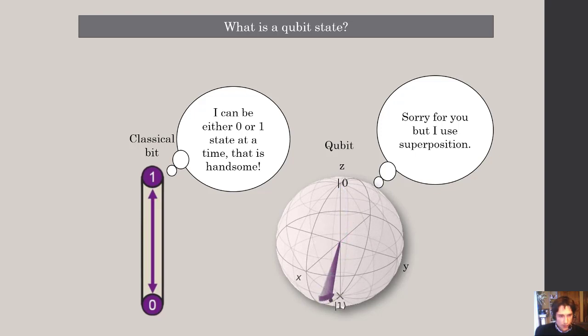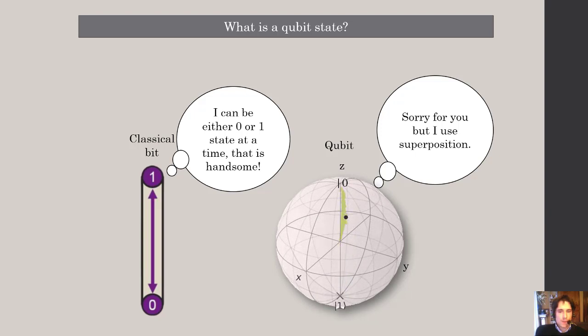It's called a superposition, whereas the classical bit can be either 0 or 1 state at a time. So if a computer has 2 to the power of k states, classical bits can be in one of those at a time, whereas qubits can be in all of those at once.